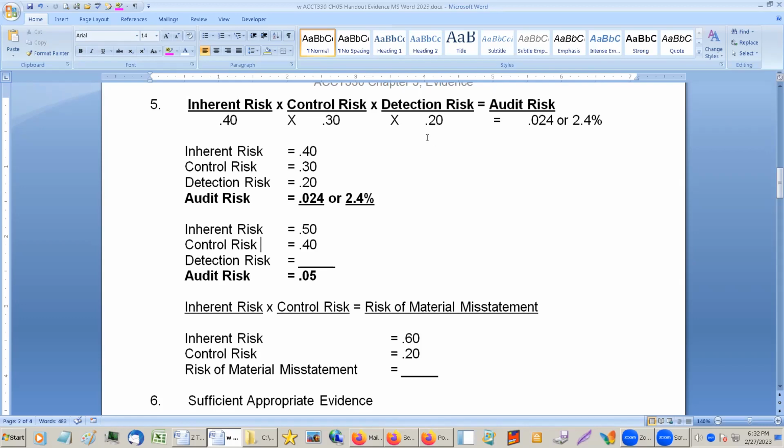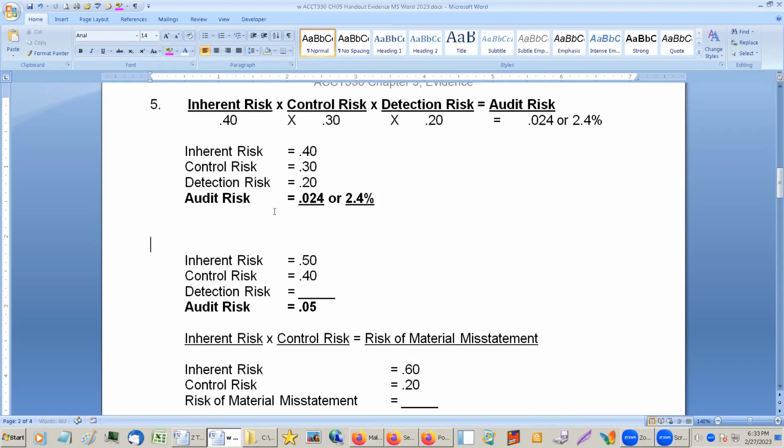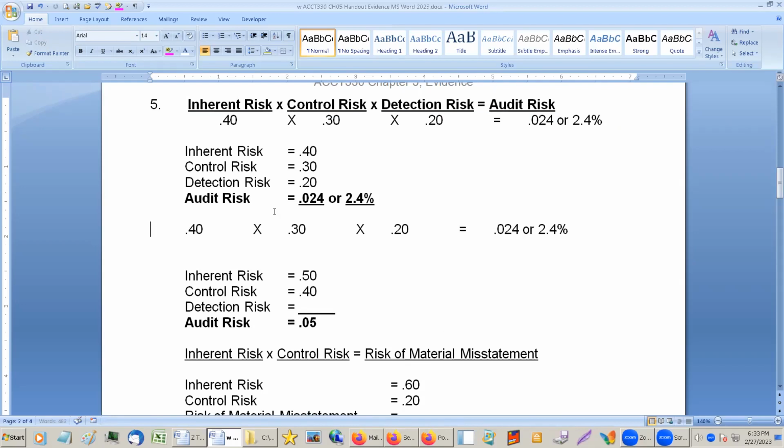Yeah, so basically it'd be 0.5 times 0.4 times, I'm going to put this as detection risk, equals 0.05.